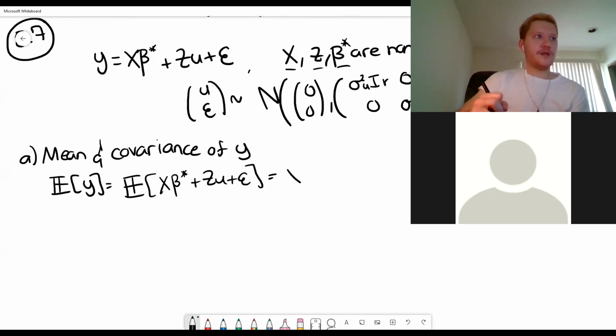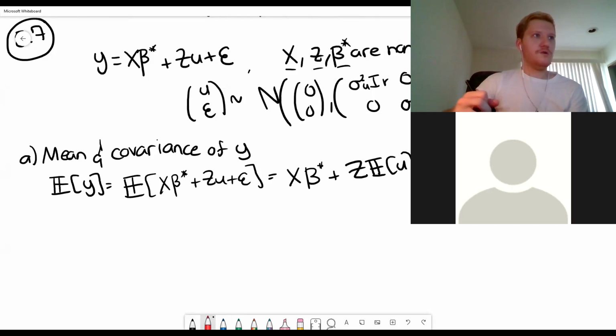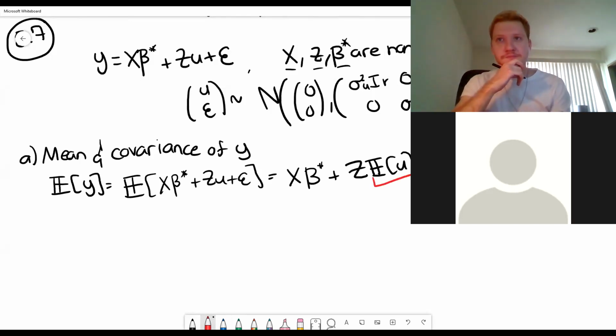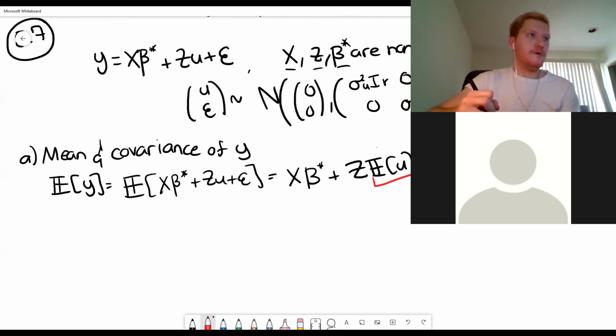The expected value of x beta star is just x beta star, plus z is also non-random, so it's z times the expected value of u, plus the expected value of epsilon. What's the expected value of u? Zero. And the expected value of epsilon? Also 0. So this is actually just equal to x beta star.